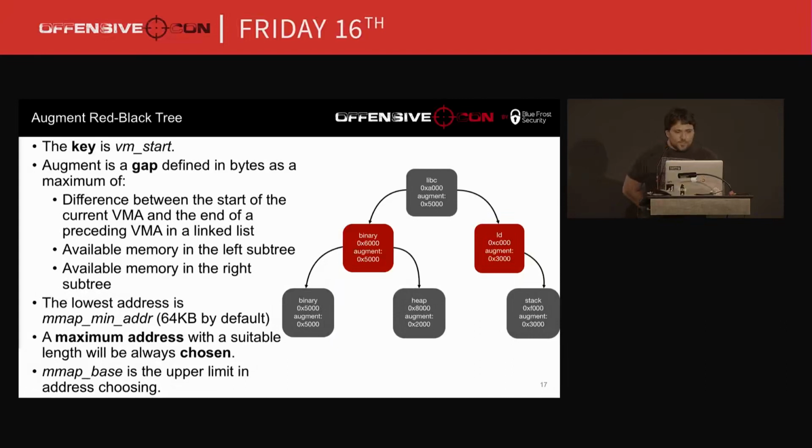It keeps the gap between two VMAs, and it is an augmented red-black tree that keeps a gap calculated as the gap between the previous neighbor VMA and the gaps of the left and right subtrees. So the algorithm for choosing an address just tries to find the maximum address that has a suitable length. That's why you see that all libraries go one by one.